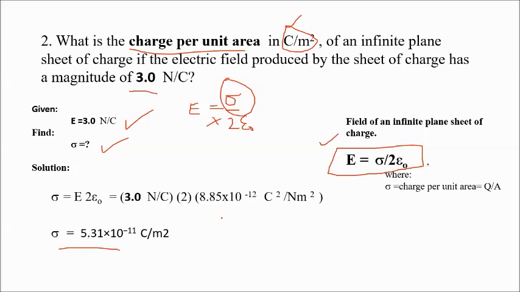Now, what happened to our unit? We have N over C multiplied by the constant, Newton, that M squared divided by coulomb squared. Ay, kasi times lang ito. Walang reciprocal pala.